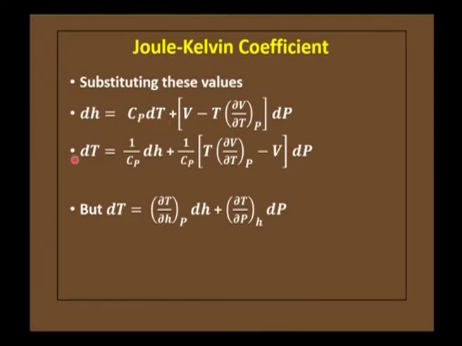Similarly, from this equation I can obtain dT. dT is equal to 1 by Cp into dH plus 1 by Cp into T into dou V by dou T of P minus V into dP. But we know that dT is equal to dou T by dou H of P into dH plus dou T by dou P of H into dP.